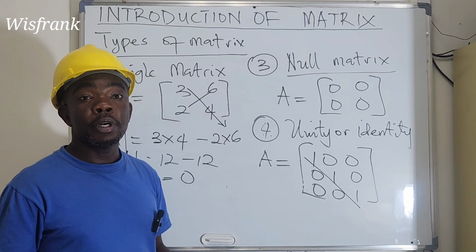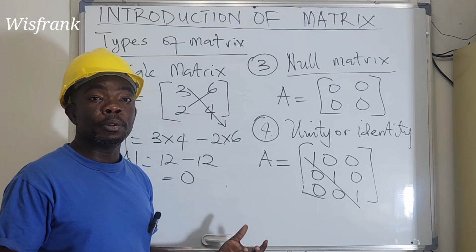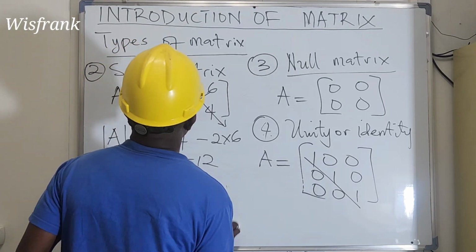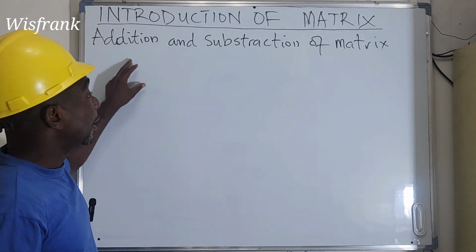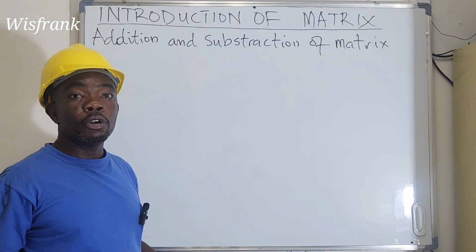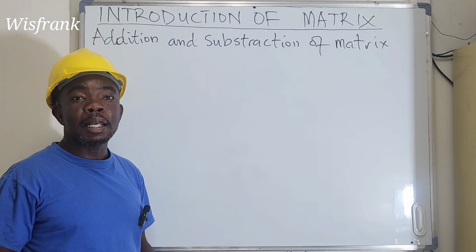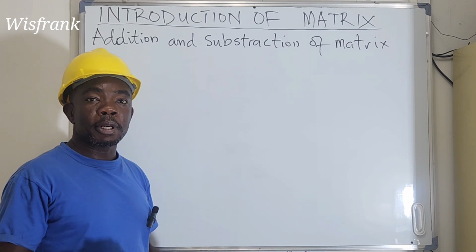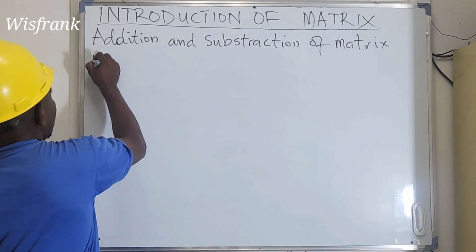So what we are going to do now is to see examples of addition and subtraction of matrices. We are going to check some examples so that we can understand how to add or subtract matrices. Let's take, for example, number 1.